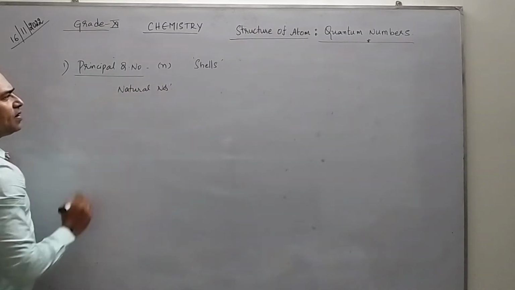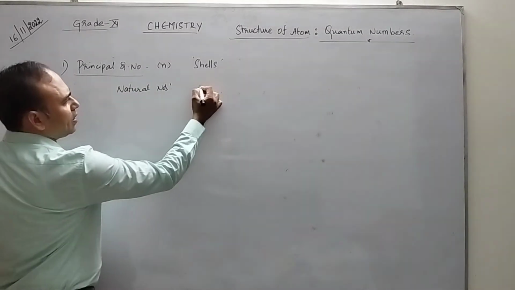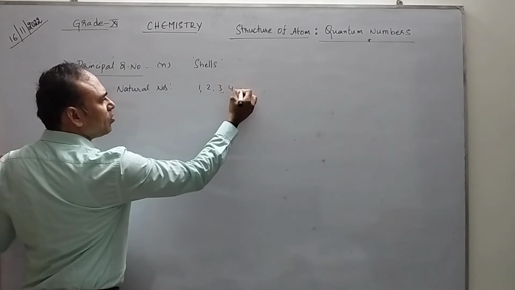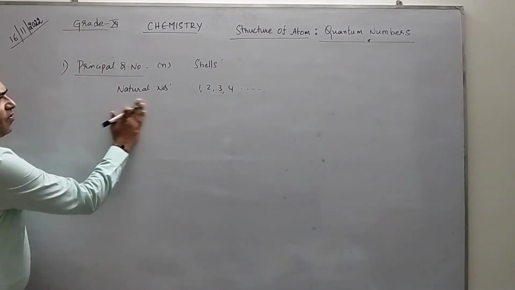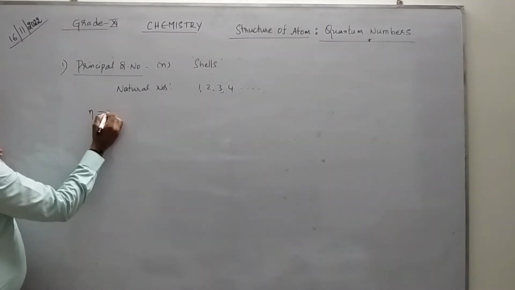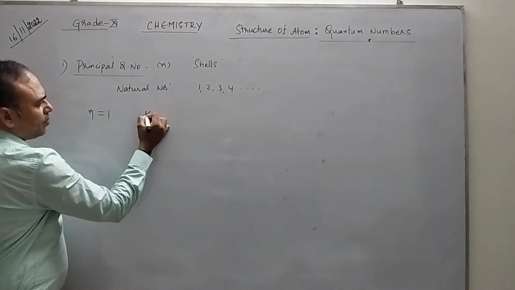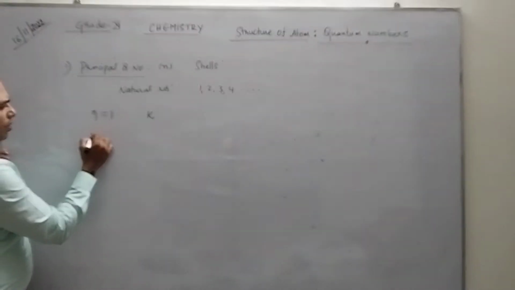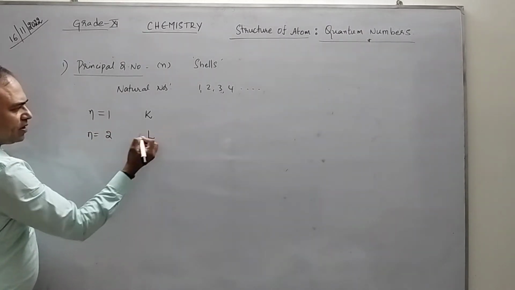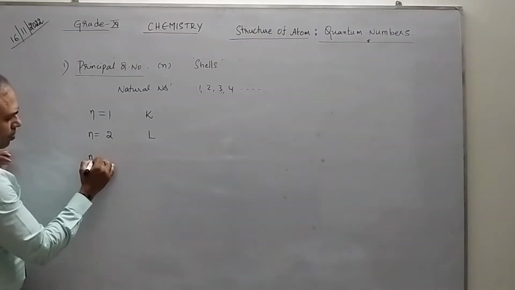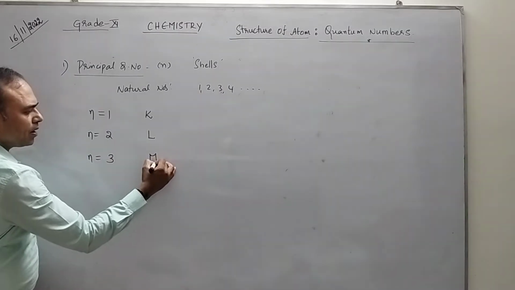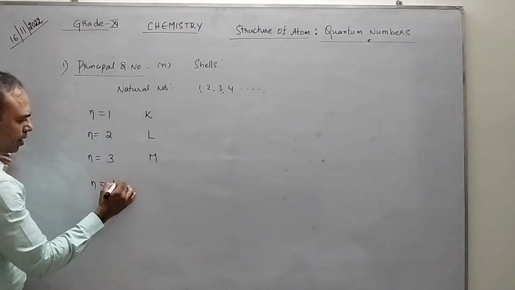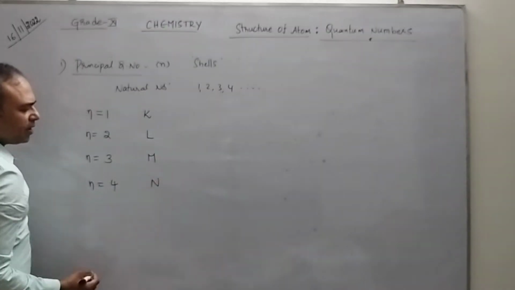So it is being represented by natural numbers, that is nothing but 1, 2, 3, 4 and so on. If I write n is equal to 1, it is represented by capital K. If n is equal to 2, it is represented by L, n is 3 capital M, n is 4 capital N, and so on.